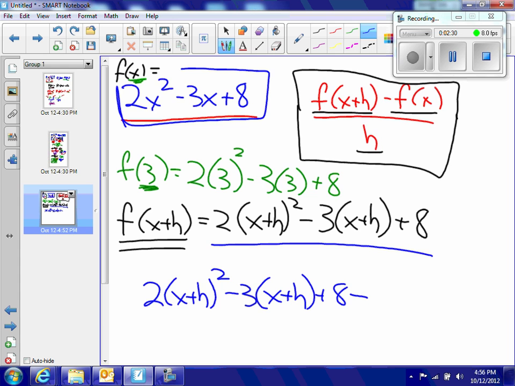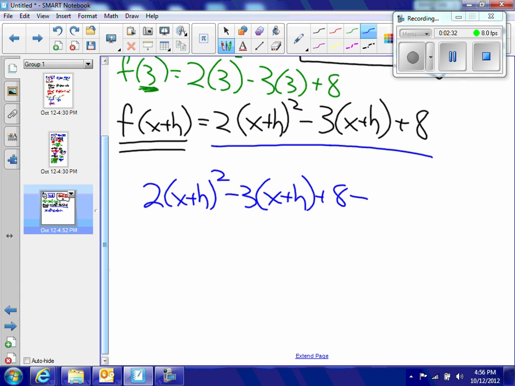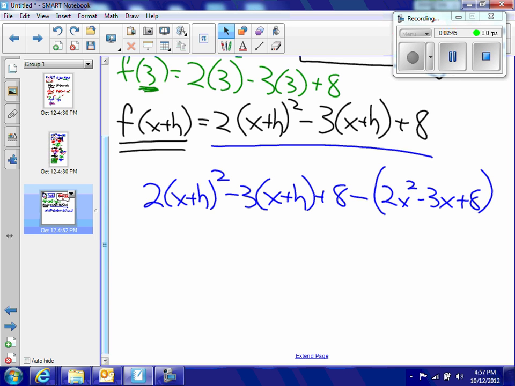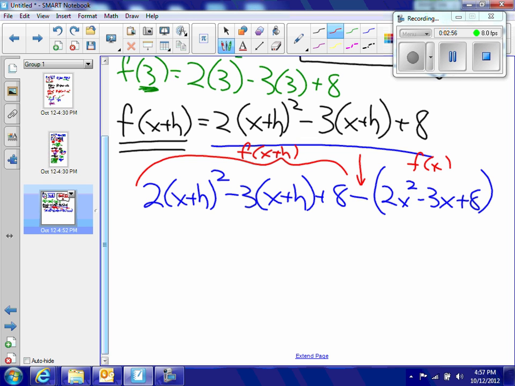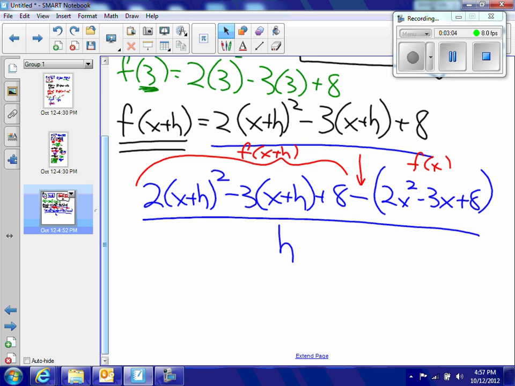It's my original function. So f of x is, put it in parentheses so you don't lose your negative sign, 2x squared minus 3x plus 8. So right here, this is f of x plus h, and this is f of x. And we've subtracted f of x from f of x plus h. I'm going to put that all over h. Once you set it up, then the rest of it is algebra.